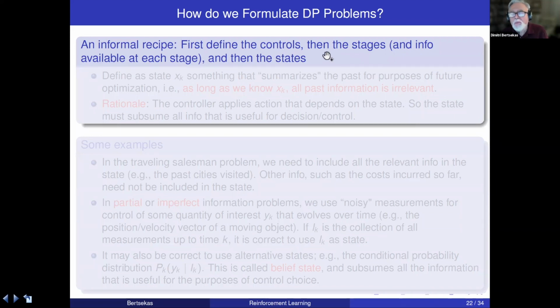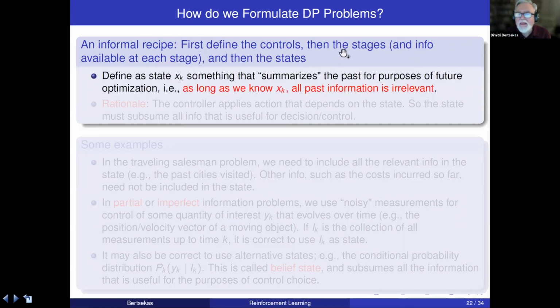You also pretty much know when you apply your decisions and the information that's available with every decision. So that helps you to define the stages of the problem. And then the hardest part after you define controls and stages is what do you pick as states? And there is a reliable recipe here.